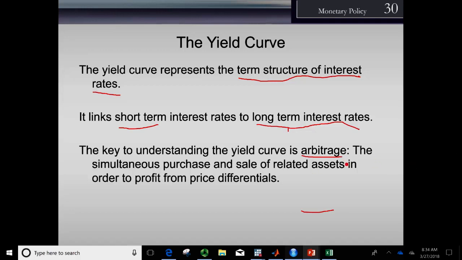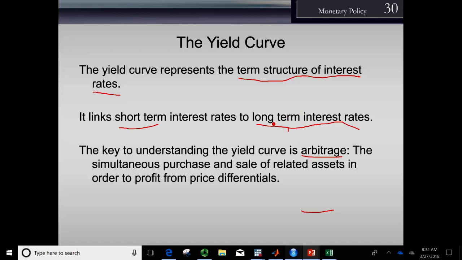So the definition of arbitrage, which we'll see on the next slide in practice, is that it's the simultaneous purchase and sale of related assets in order to profit from price differentials. This is going to cause different strategies of investing in bonds to have the same expected yield. And that's going to allow us to construct a very particular interpretation of the yield curve.